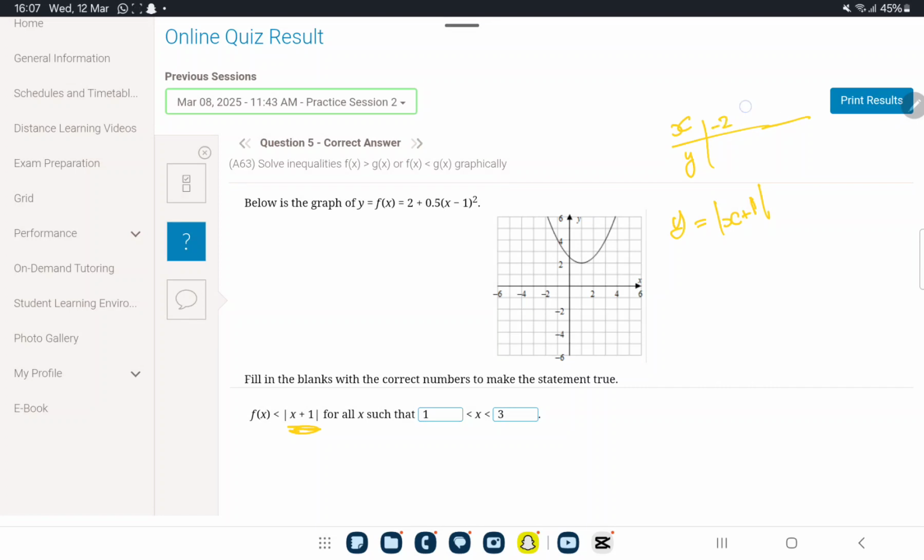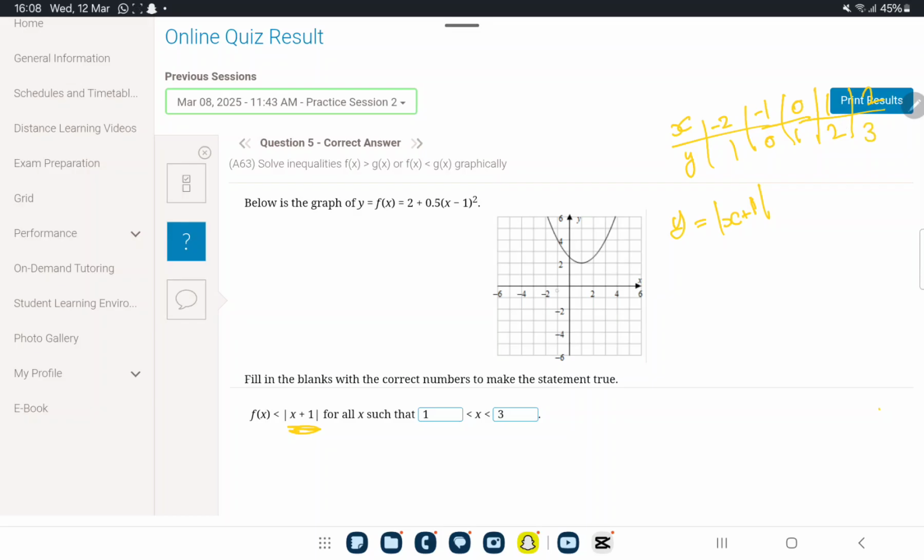I'll take minus 2, minus 1, 0, 1 and 2. So you can do it on your calculator, or you know how to do this. You can put it in your calculator. Minus 2 is 1, minus 1 is 0, 0 is 1, 1 is 2, and 2 is 3.